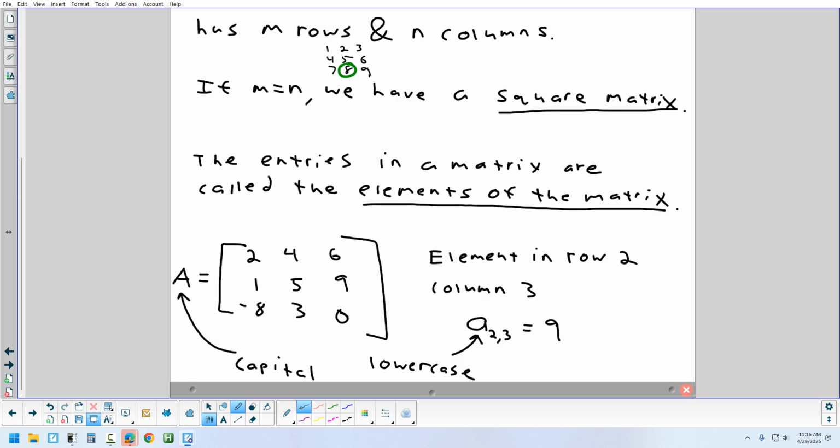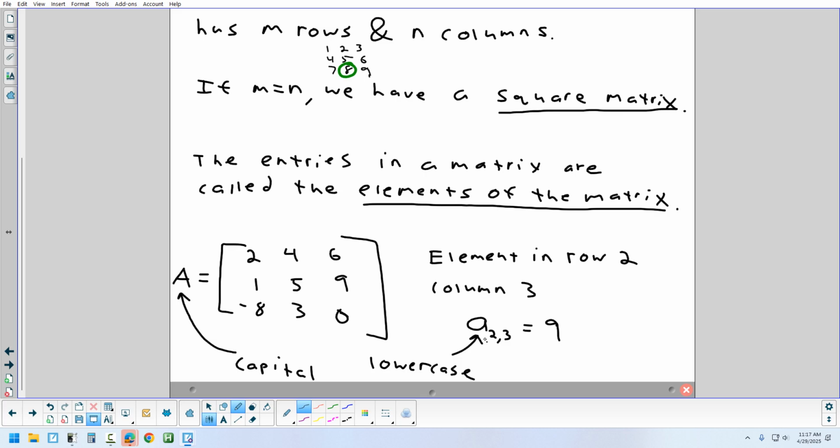And then it has these little subscripts, 2, 3. The 2 is the row, and the 3 is the column. So this is asking you in matrix A, what's in row 2, column 3? And in that case, row 2, column 3, it is a 9.